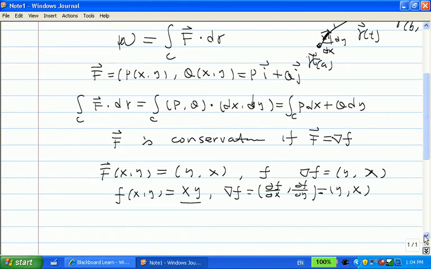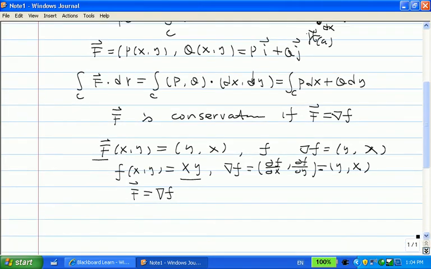So for this capital F, we obviously can find small f such that capital F is equal to the gradient of small f. If this is the case, we say capital F is a conservative vector field.